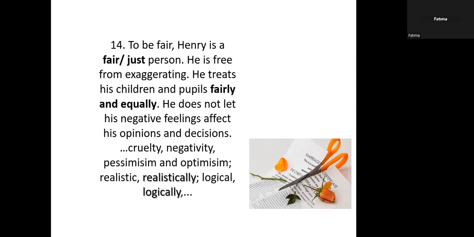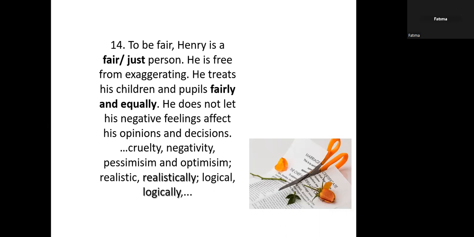He is free from exaggeration. He treats his children and pupils fairly and equally. He does not let his negative feelings affect his opinions and decisions. Okay, so fairly, equally are adverbs of manner.